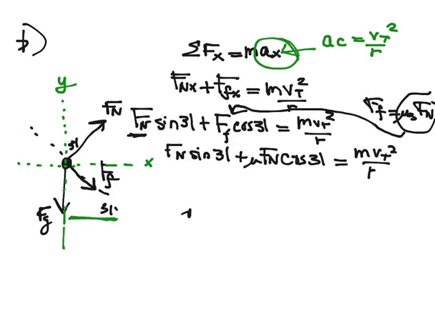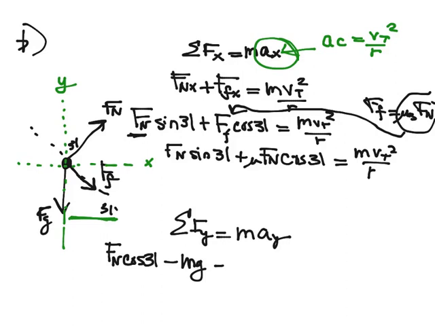Now we have to look at the y direction. So we have sigma Fy equals m ay. We have up minus down, so Fn times cosine 31 minus Fg, so that's minus mg, minus mu Fn times sine 31, because this is the y part of Ff.